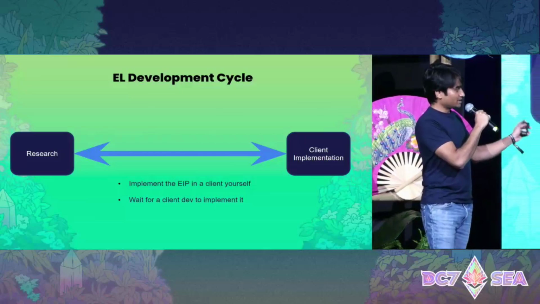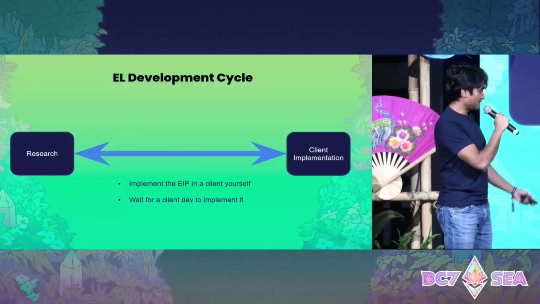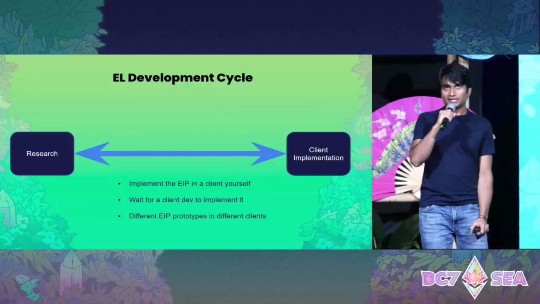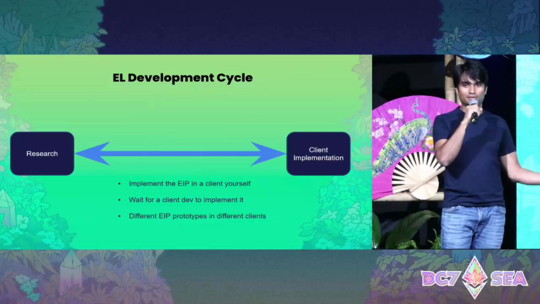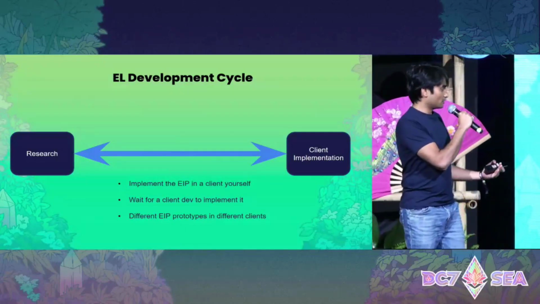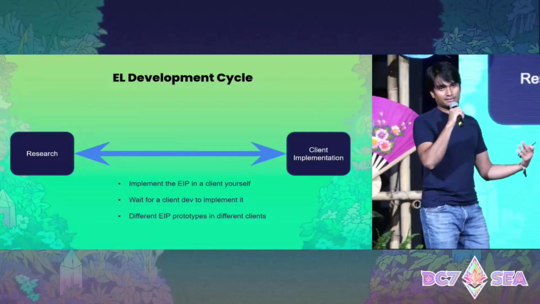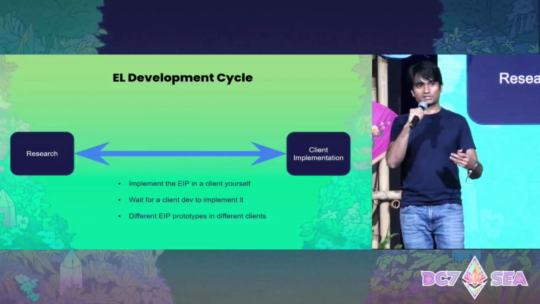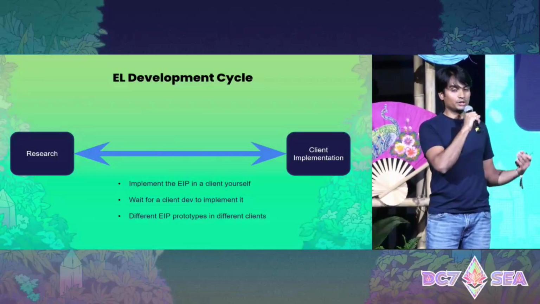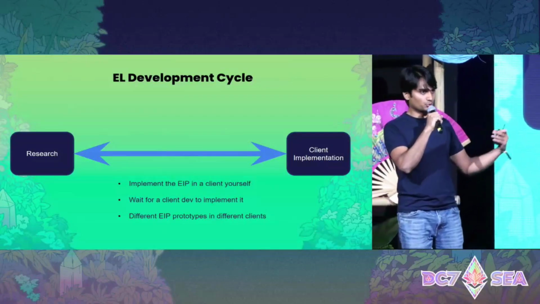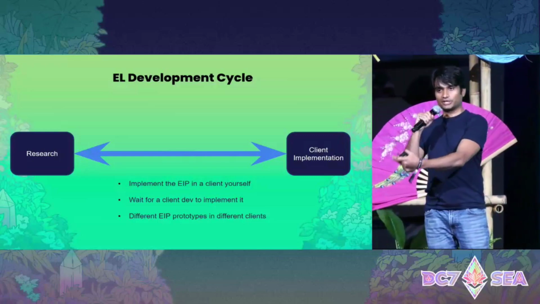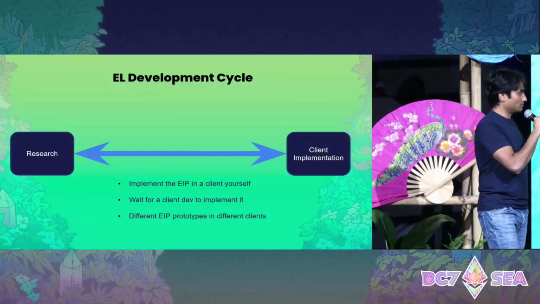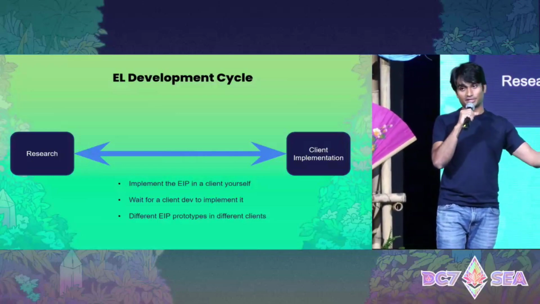A third implication that this kind of development cycle has is you might end up with different EIPs being added to different clients. For example, recently for Prague, there was discussion around including EOF and 7702. And it turned out EOF was implemented on EVM1, and 7702 was first implemented on Ethereum JS.